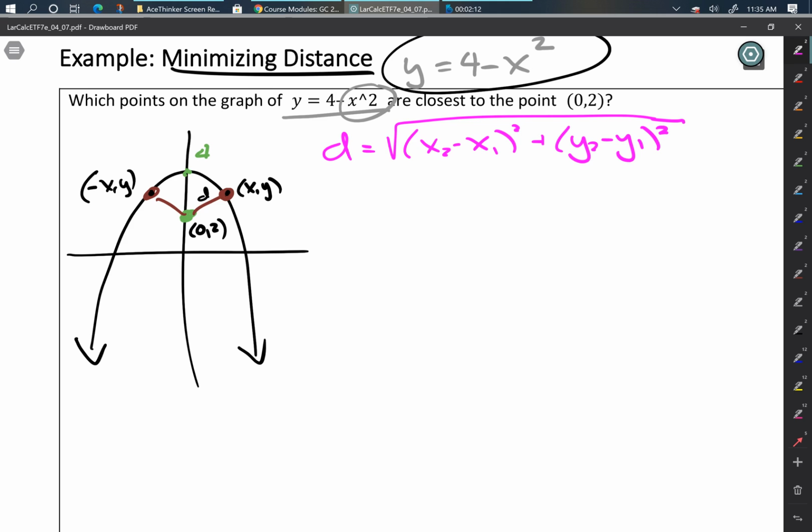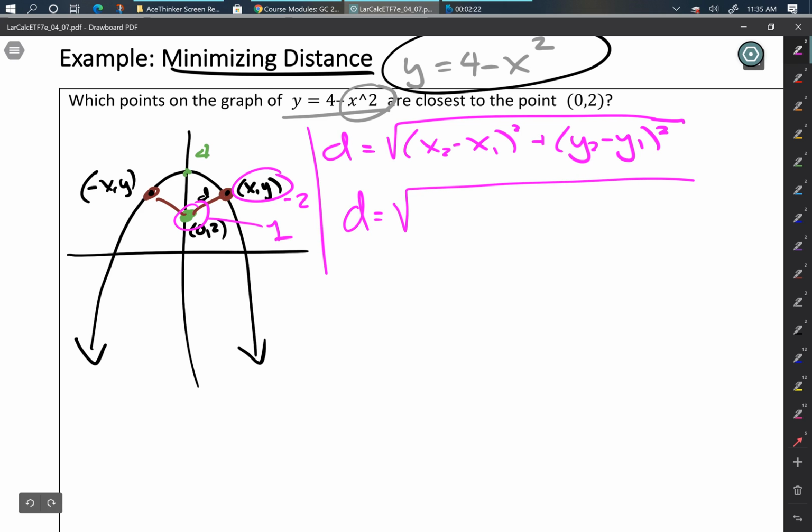And so if we think of this as point 1 and this as point 2, then we would get that d is equal to the square root of (x minus 0) squared plus (y minus 2) squared.